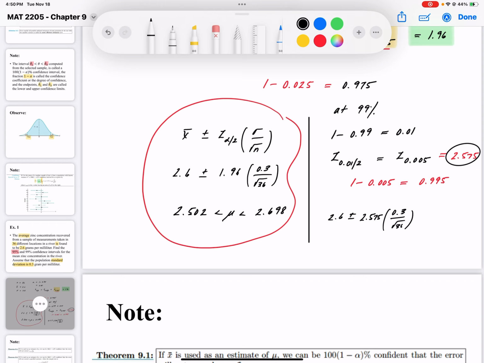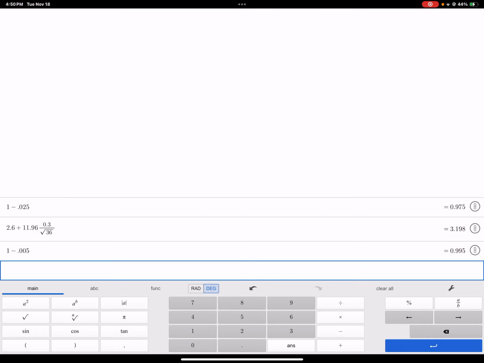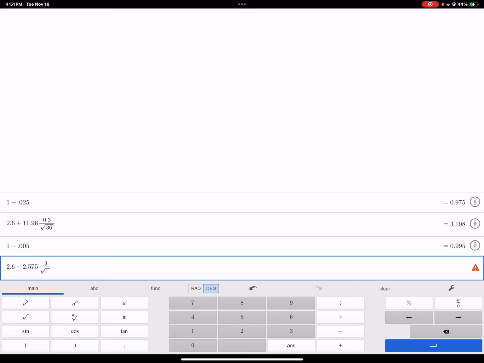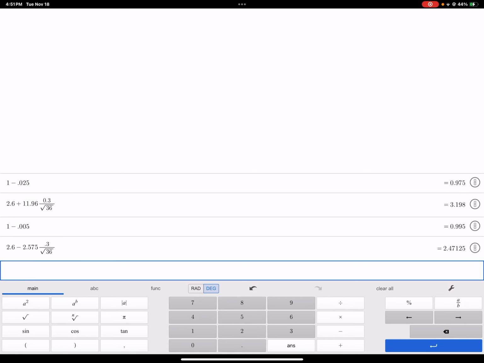All right, let's go back to our calculator. 2.6. Let's do minus first. Minus 2.575, and that is multiplied by 0.3 over square root 36. So my lower bound this time is approximately 2.471.